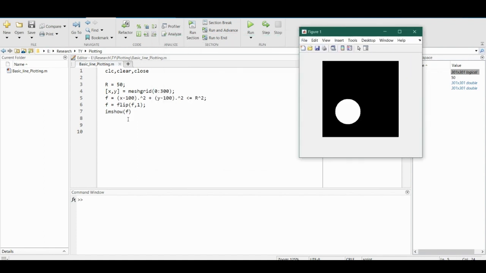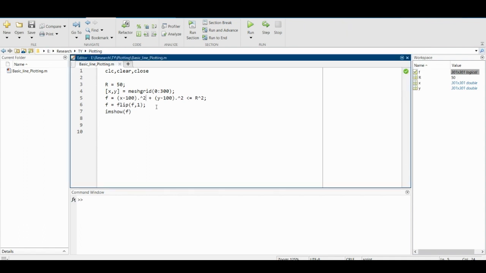This is your circle. Now if you need to plot an ellipse, the equation is x square divided by a square. A is the major axis or minor axis, whatever you say, along the x-axis. So let's create variables: a is equal to 100 along the x-axis, and b, the minor axis, is equal to 50 along the y-axis. Plus y square, here is also a dot product, dot divided by b whole square.